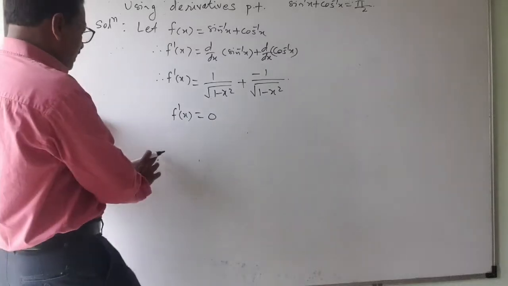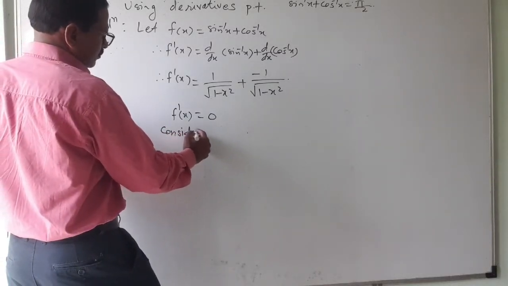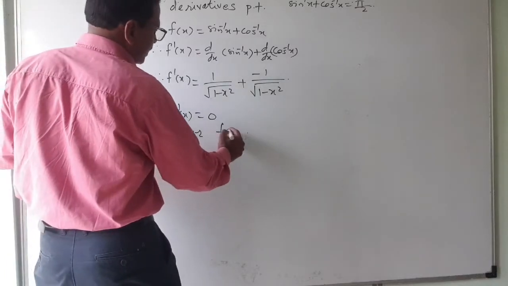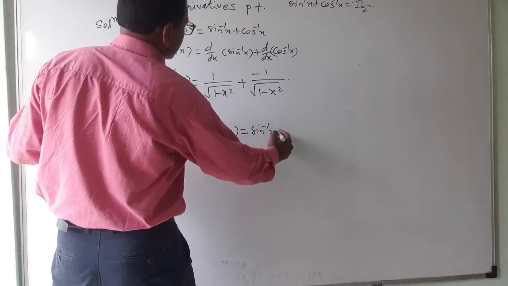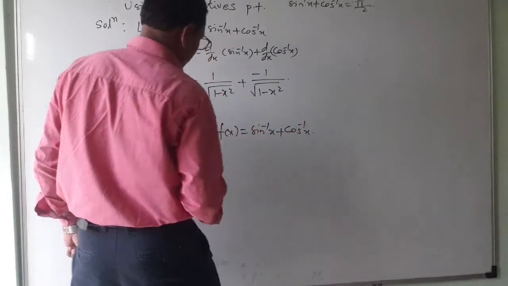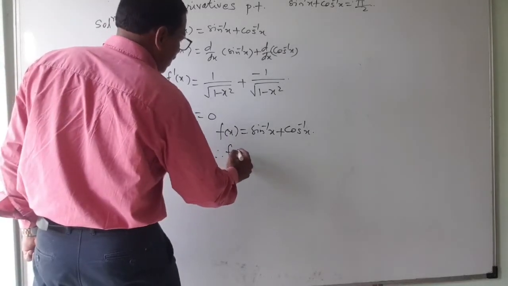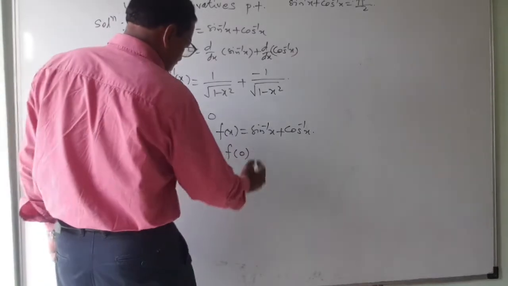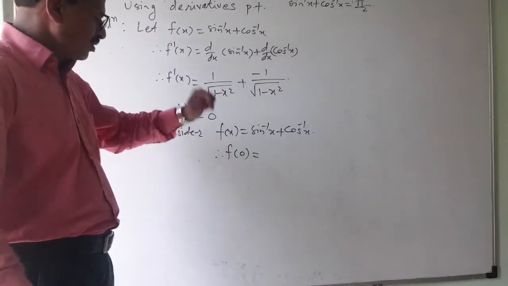So now once again consider f of x equal to sin inverse of x plus cos inverse of x. I will take an arbitrary value: f of 0, that is, at the place of x I will put 0.